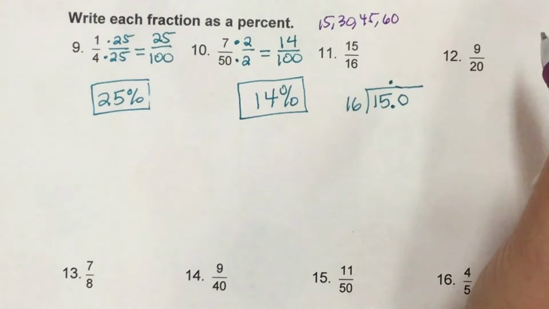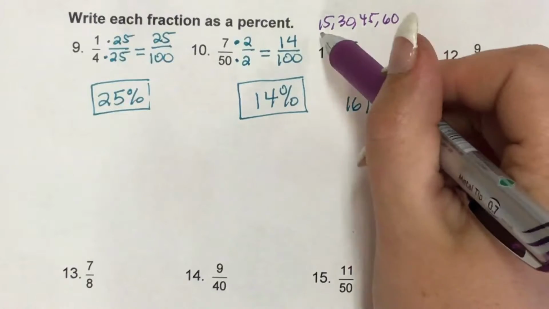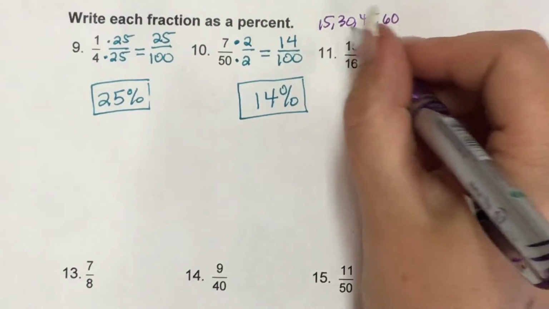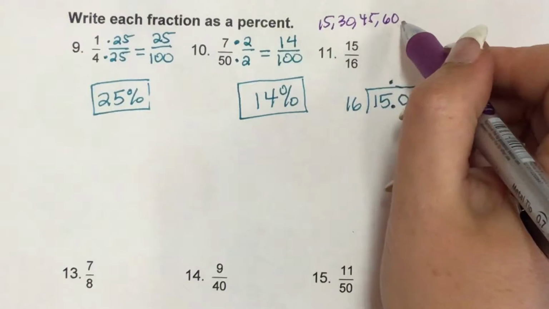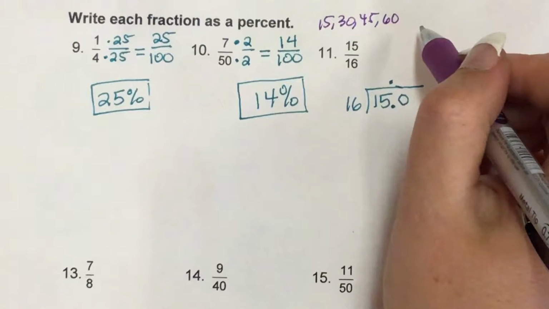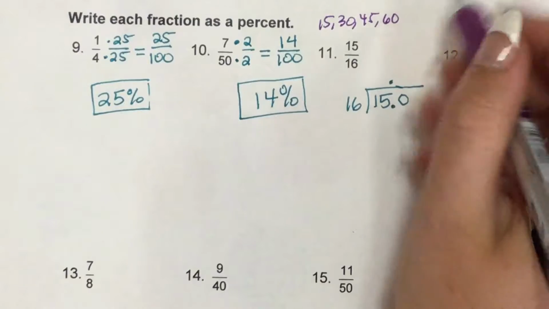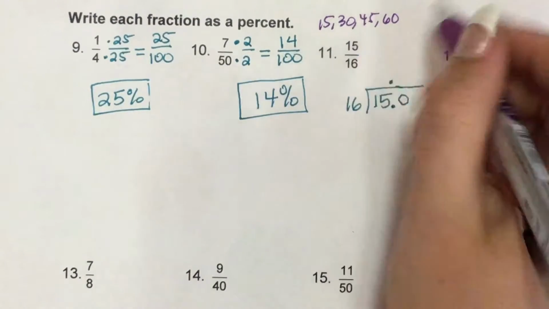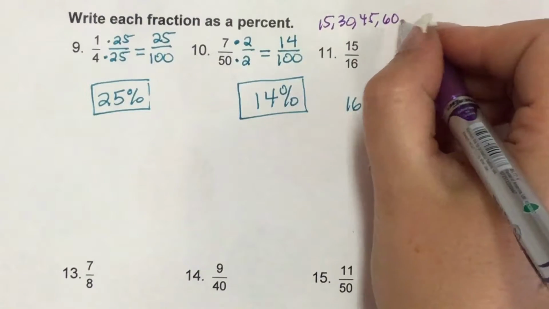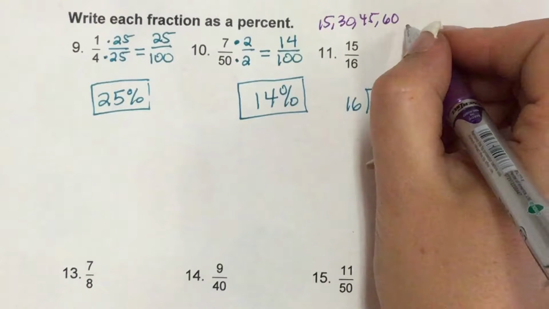So then that is 1, 2, 3, 4. So if I went 60 plus 60, that would be 120, which would be 8 times. So I think I would try 9 times.